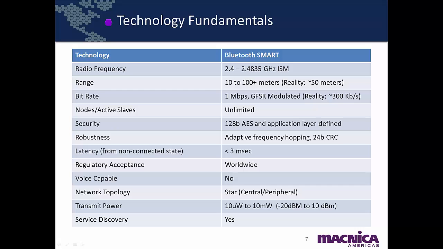Security is achieved by using 128-bit AES encryption, along with additional layers of security that can be defined in the application. Furthermore, BLE uses a star topology and frequency hopping between the central, which is the master, and the peripheral, or the slave, with a 24-bit CRC to create very reliable connections. The BLE specification calls for a transmit power of something between 10 microwatts and 10 milliwatts.